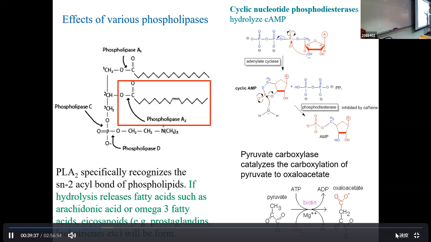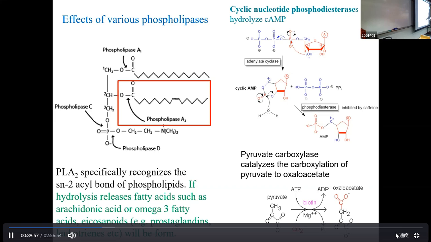Now, there are many enzymes to cut the phospholipids. We just focus on A2, which is responsible for hydrolyzing the fatty acid in the SN2 position.